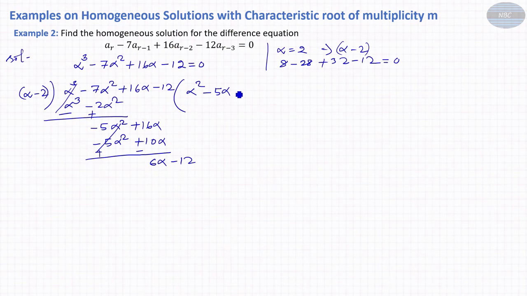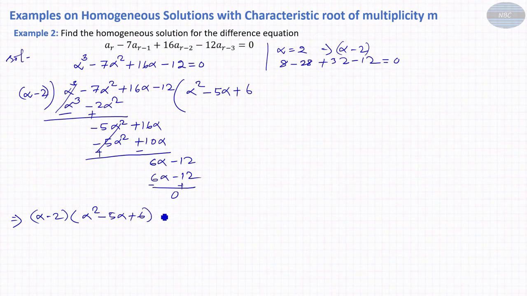We just multiply 6, we will get 6 alpha minus 12 equal to 0 here. So the left hand side can be written as alpha minus 2 into alpha square minus 5 alpha plus 6 is equal to 0.